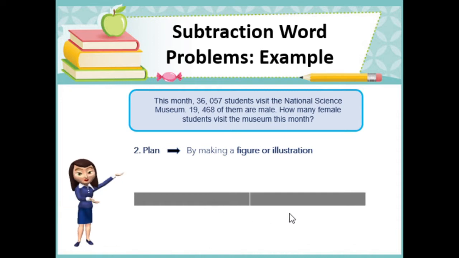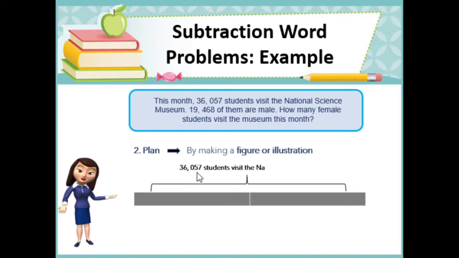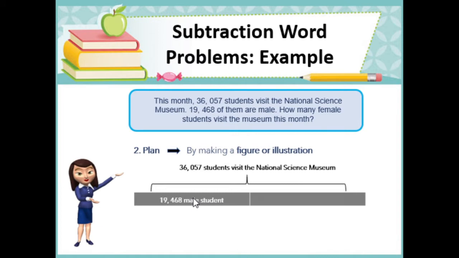Supposedly, the 2 columns give us the total of 36,057, and that's the number of students who visited the National Science Museum. The first column will be for the male students, comprising 19,468, and the other column is for the females, but this time we still don't know how many, so we represent it with a question mark.